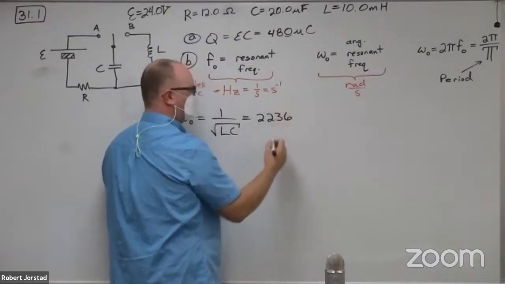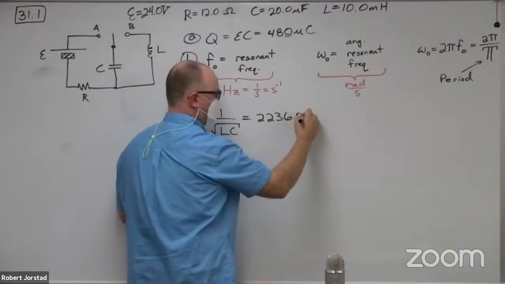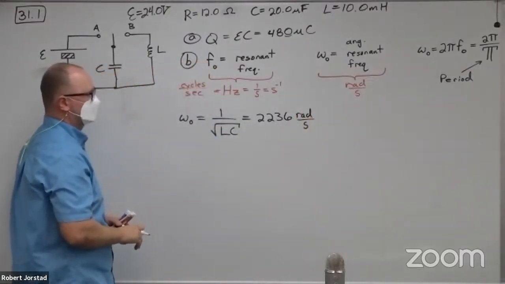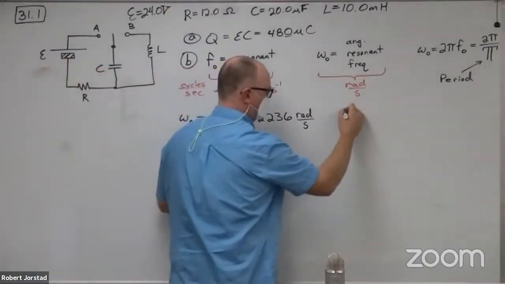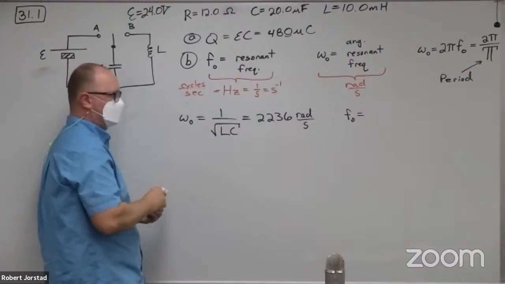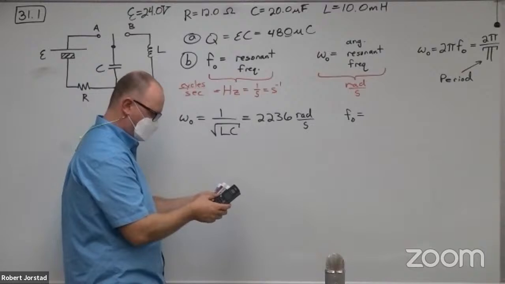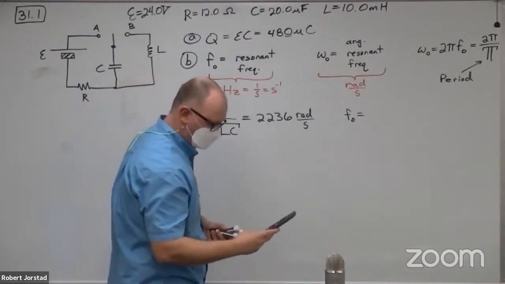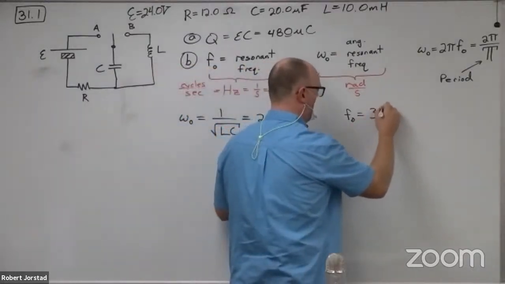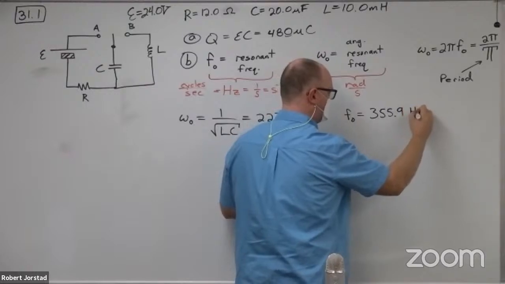What are the units again? Rad. This is rad, man. Okay, 2236. So let's go ahead and punch in F naught. That's going to be that divided by 2 pi, right? Divide by 2, divide by pi. 355.9 hertz.